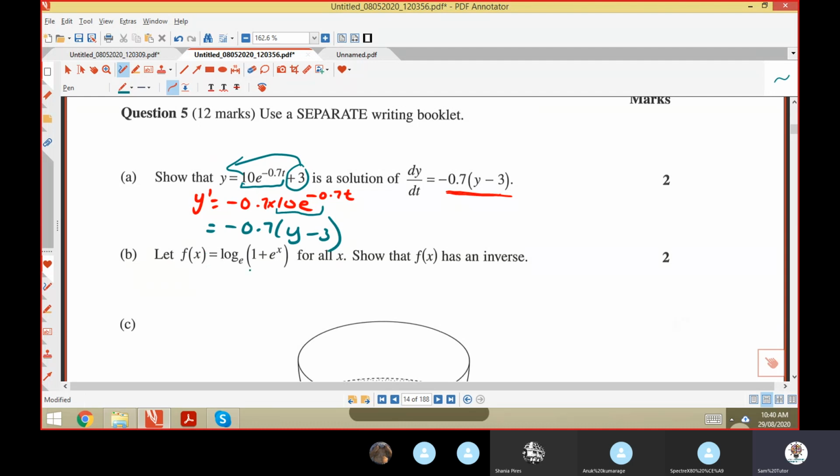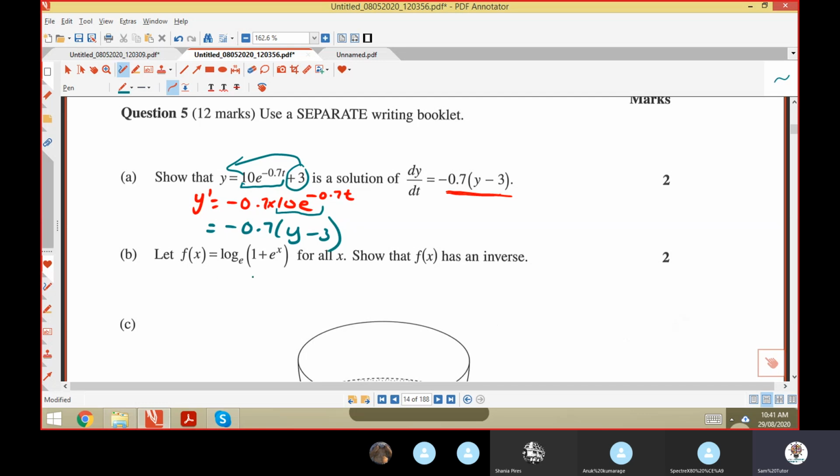Let f of x equal ln of 1 plus e to the x. Show that f of x has an inverse. When will it have an inverse? When it passes the horizontal line test. Yeah, but how are you going to show it in terms of this?